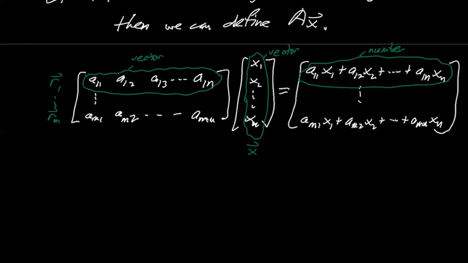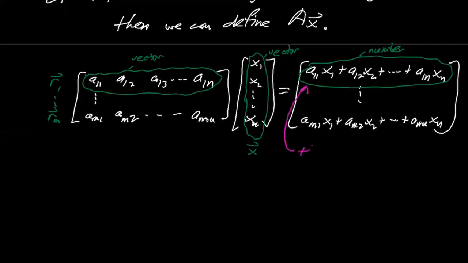It's the dot product, which you probably remember, where you take two vectors and line up the entries. I multiply the first entry times the first entry, then the second entry times the second entry, and so on to the last entry times the last entry, and then I add all those products together. And remember, the dot product of two vectors gives a number.